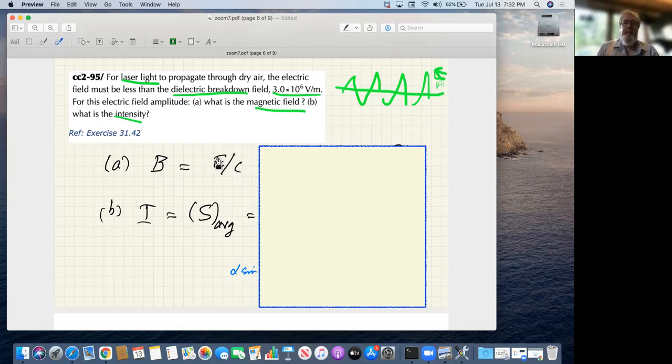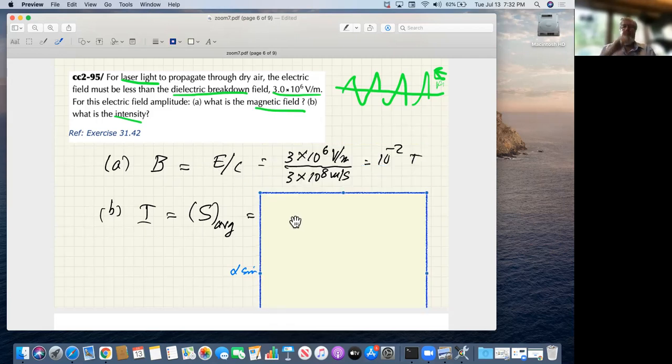So this would be 3 over 300, 0.01, 10 to the minus 2 volt seconds per meter squared, which is the same as Tesla. So again, this would be an incredibly large magnetic field in an electromagnetic wave, maybe in some industrial laser.